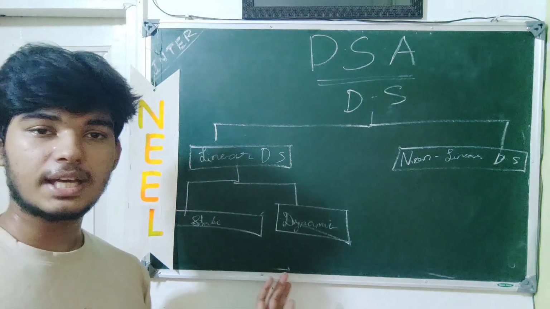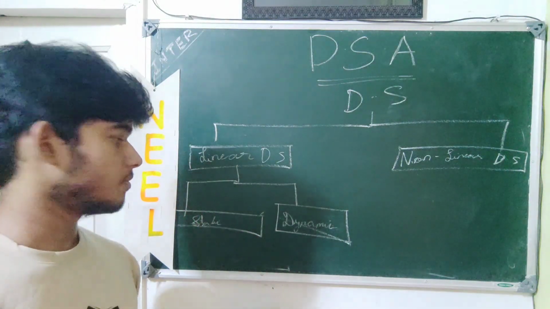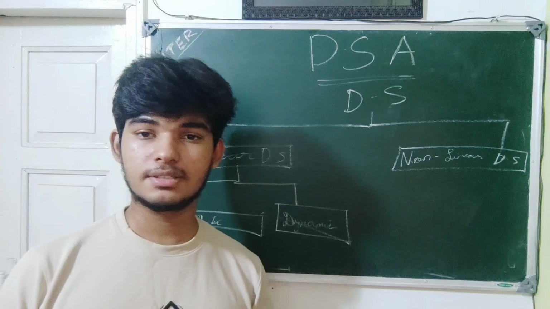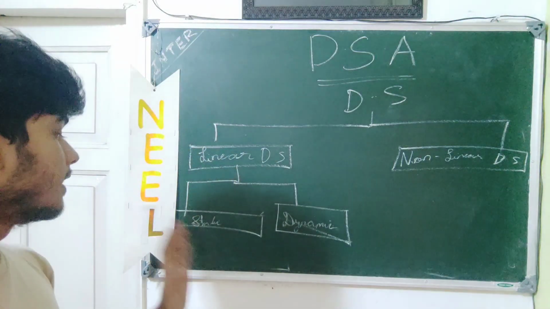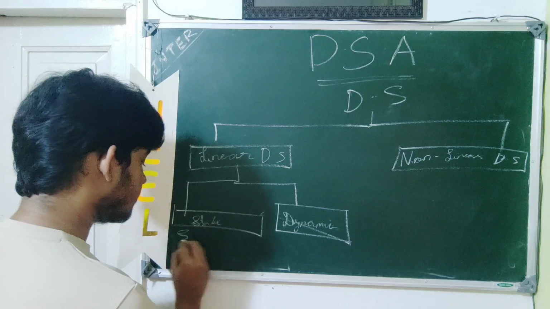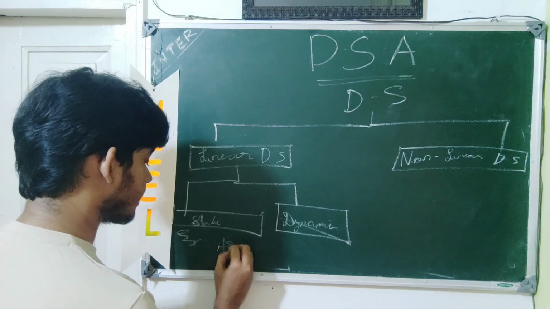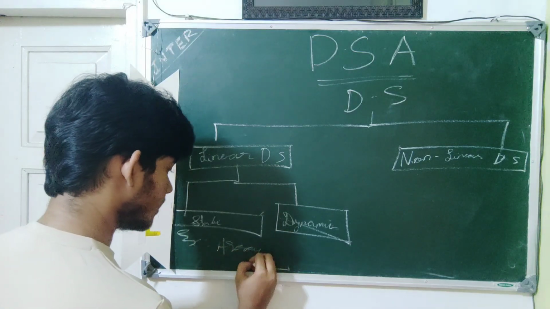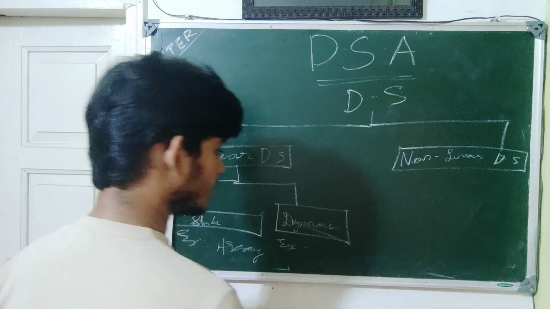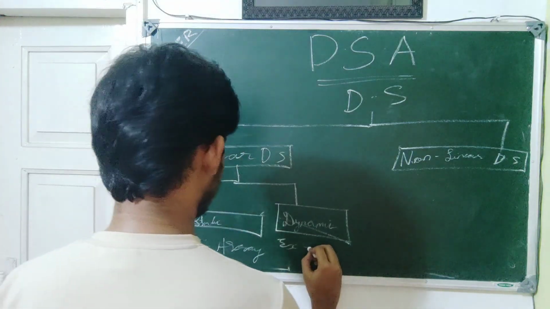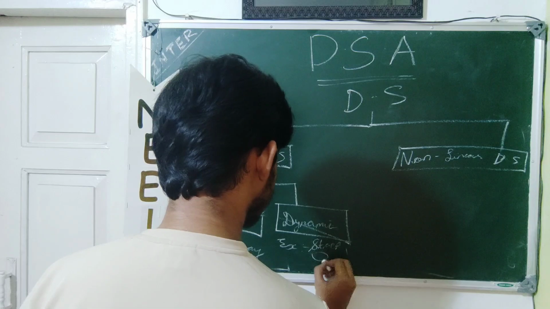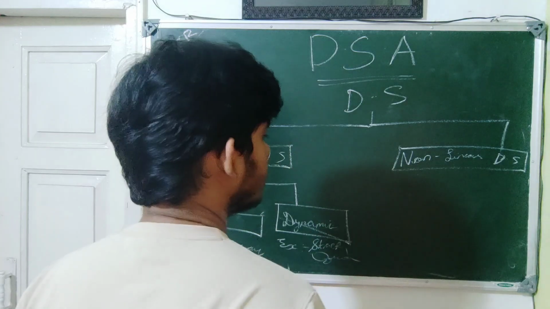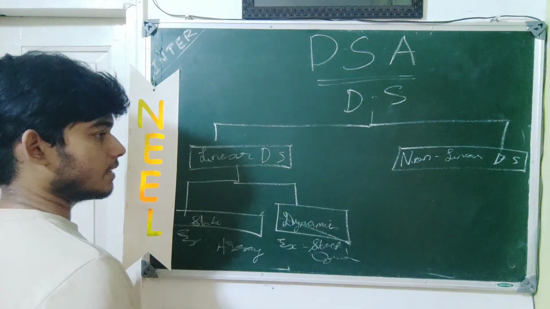Meanwhile, static has a closed, fixed storage. So that is basically about linear, static and dynamic. Examples for static are arrays, and examples for dynamic are stacks, queues, etc. Right? So that is about linear data structure.